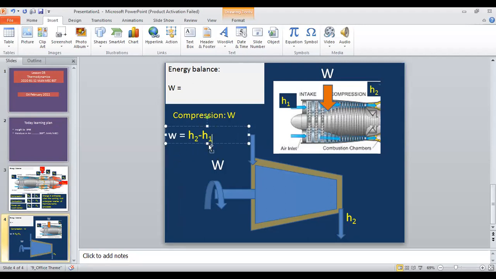So if you talk about the unit, you can have this in kilowatts, or even kilojoules per kilogram, or even you can have kilowatts per kg. Later we will see units, possible units, okay. So it is interesting.